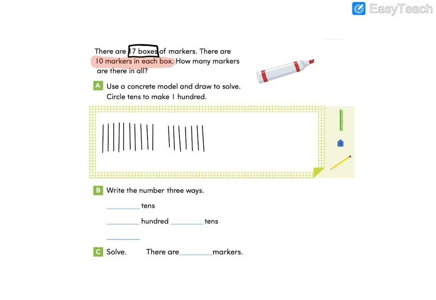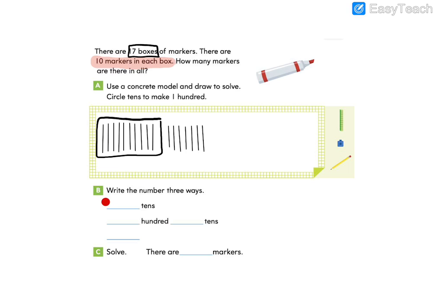Then go ahead and circle your tens to make 100. Good. You should have circled 10 tens and had 7 tens remaining. Now go ahead and complete letter B.